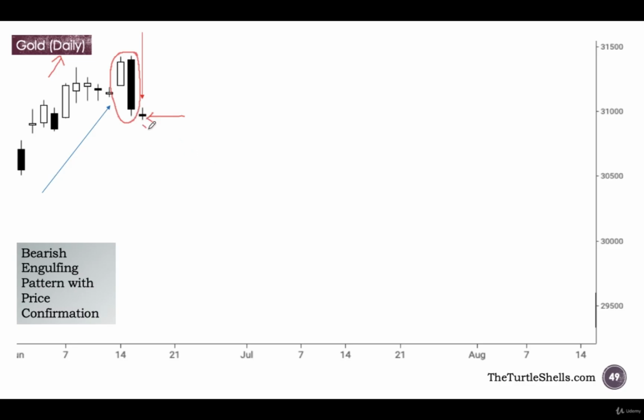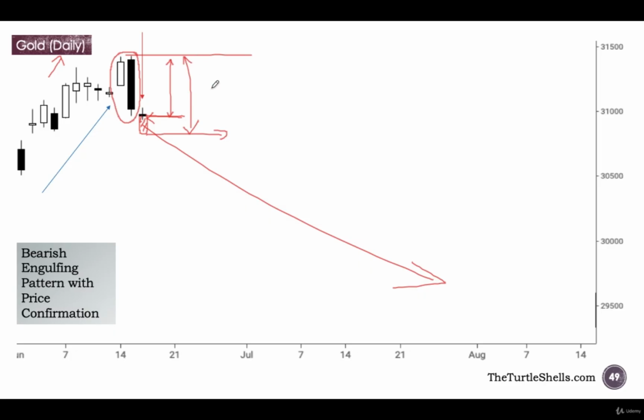So we can expect the price to go down from here, keeping our stop loss here. Entry point will be this. The problem with price confirmation is if this candle is a large black candle, then we are taking a short position at an even worse price. So earlier our risk was this, now our risk is this.